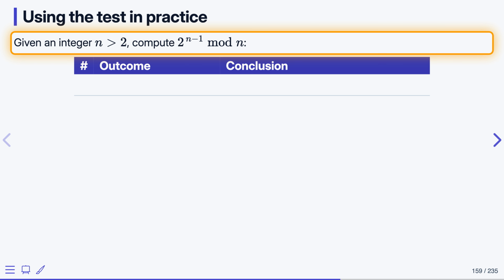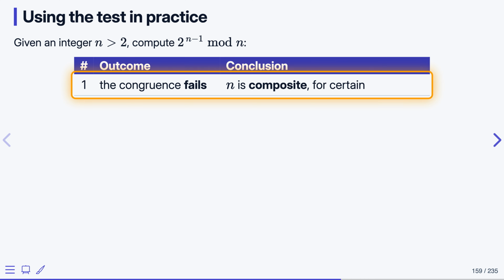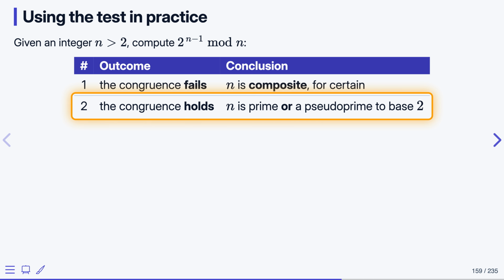Take any integer n bigger than 2, which is what Fermat's little theorem needs. The test then works like a filter with 2 outcomes. 1. If the congruence fails, we are done. The number n is composite, and we are certain of it, and we learned this without finding a single factor. 2. If the congruence holds, we are not finished.